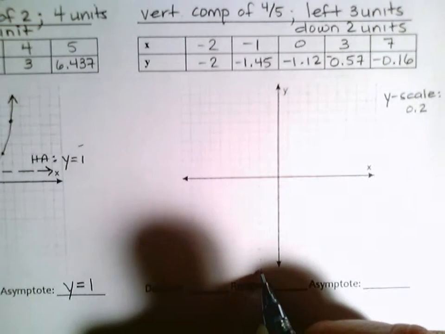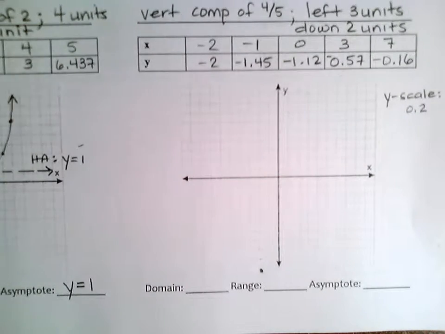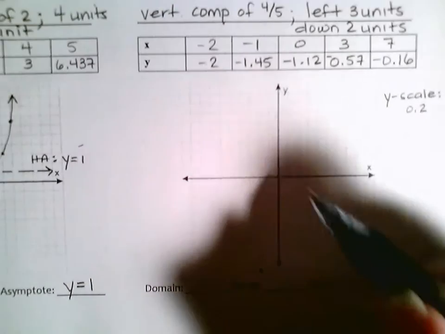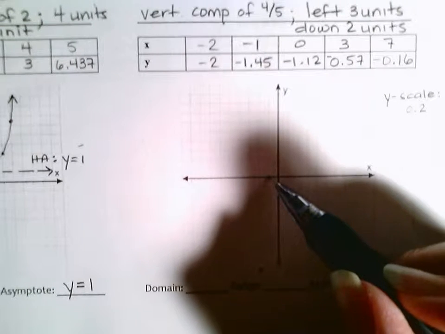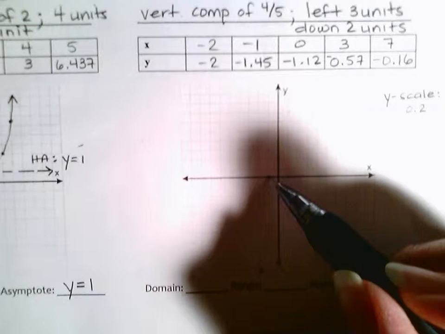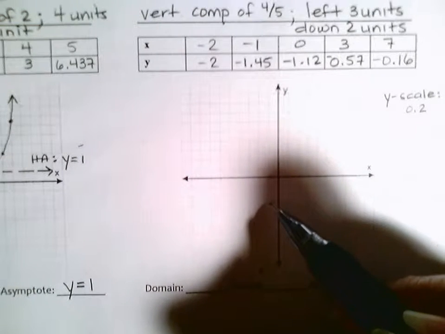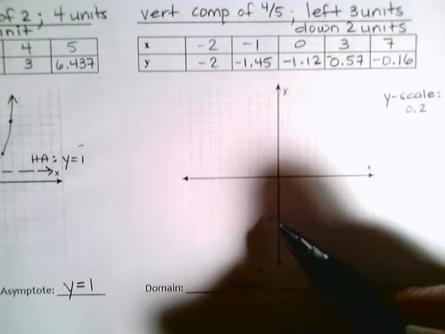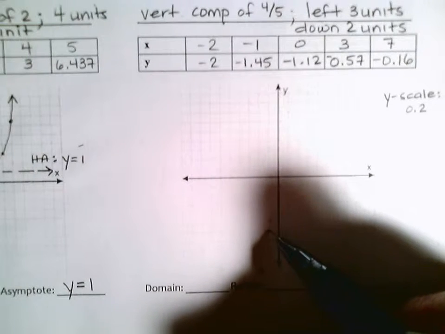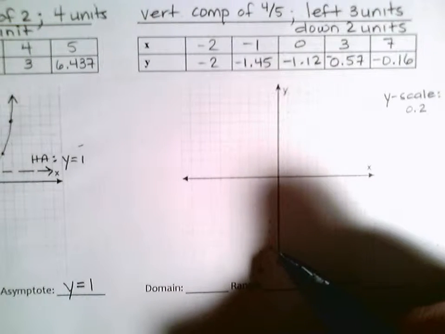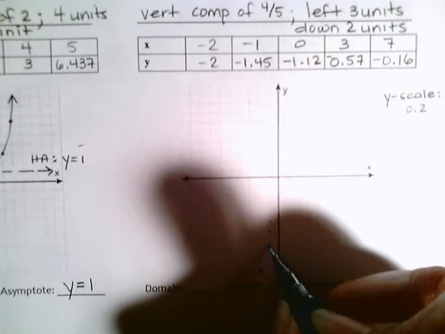So this one's going to come way down here, kind of almost off my page. Then -1, and I have to go -1.45, which is around -1.5. So 0.2, 0.4, 0.6, 0.8, 1, 1.2, 1.4, 1.6, so -1.5 is around right here.